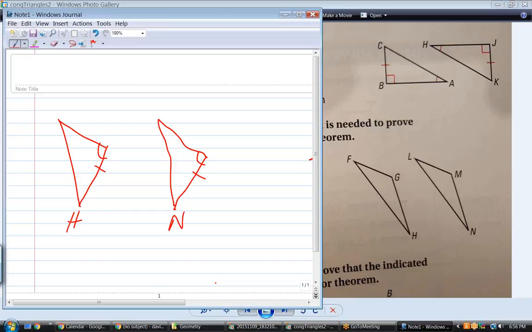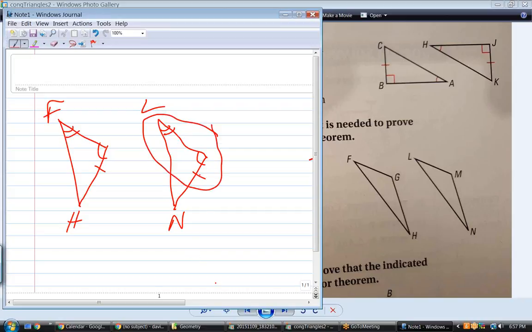ASA. Right, and they want us to prove it using AAS. So which angle do I need to say is the same? F and L.